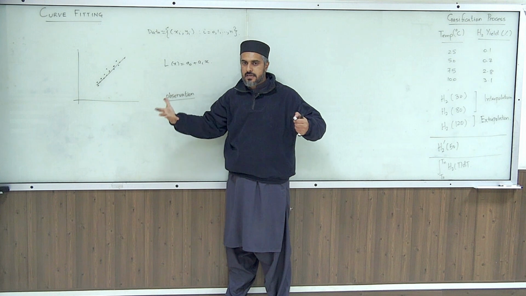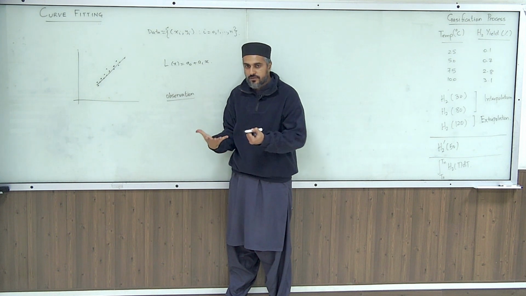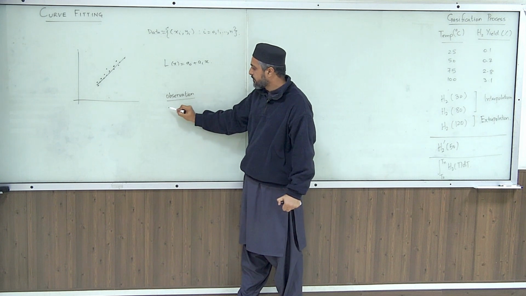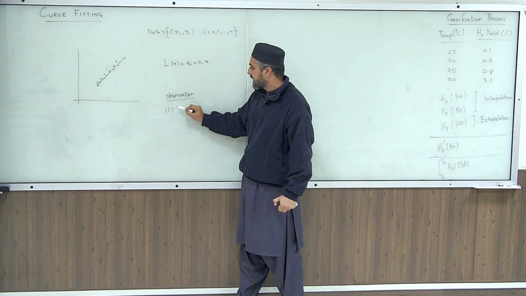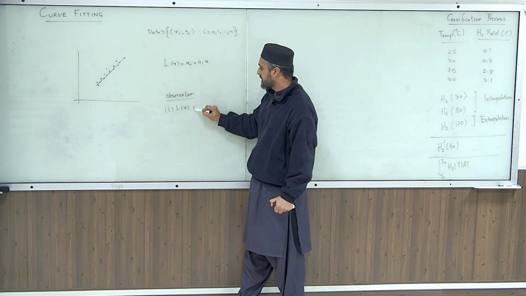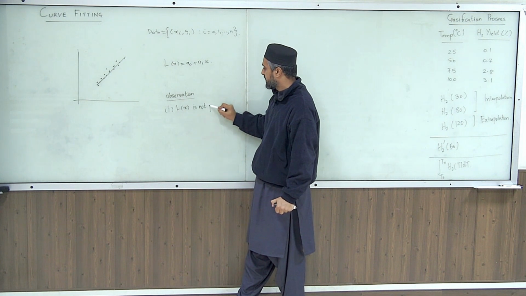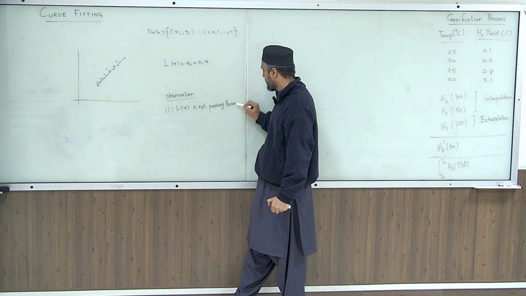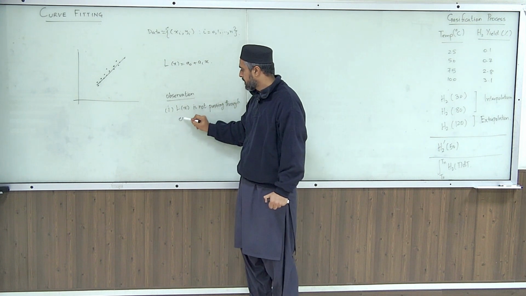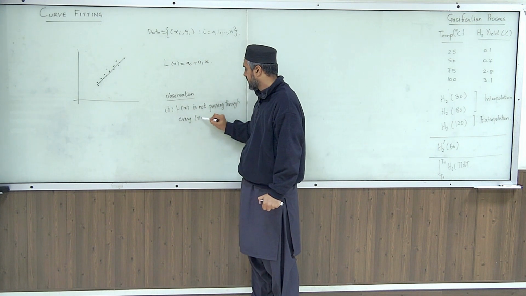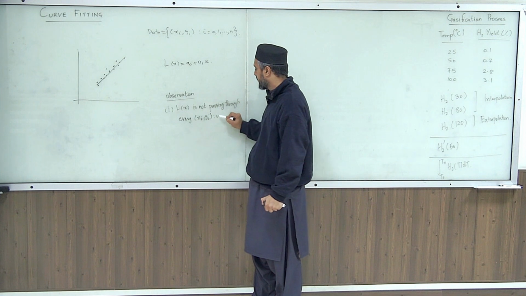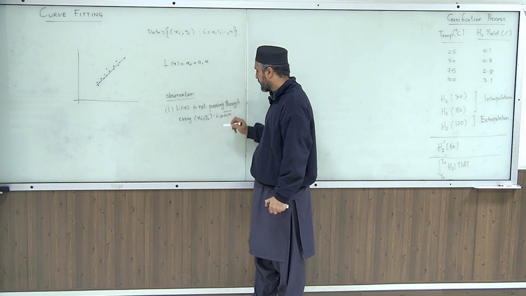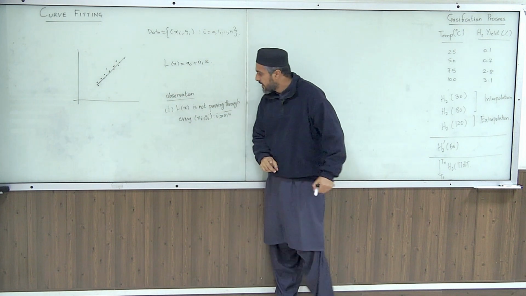So I'm trying to see the total behavior of the data and fit a line. A critical observation is that L of x is not passing through every xi, yi, i running from 0 to n.